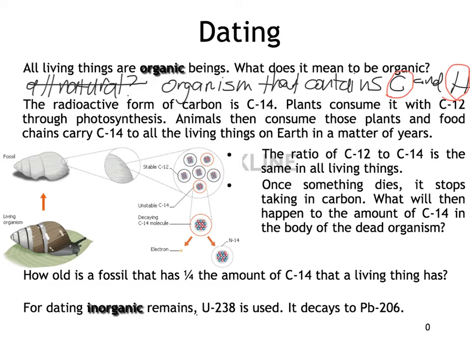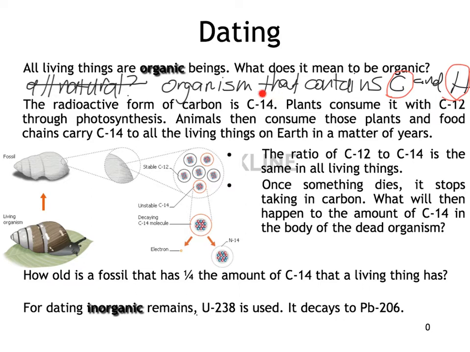The reason why I'm bringing that up right now, this definition of organic that you may have learned in biology, is because there are different forms of elements that we call isotopes, and some of those isotopes are stable, while others are unstable. There are lots of ways to think about how one isotope would be stable versus unstable, but this is an example of one.